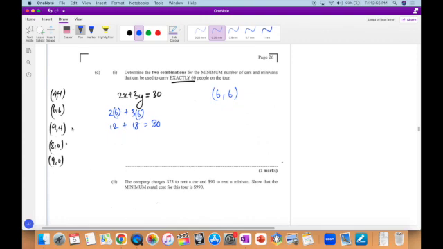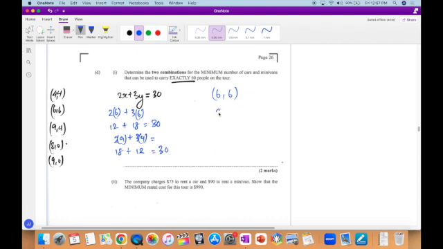What about the 9-4 combination? The 4-4 wouldn't carry 30 people, but maybe the 9-4. So 2 times 9 plus 3 times 4. Will that give us 30? 9 2s are 18 plus 4 3s are 12. Yes, it will give us 30.